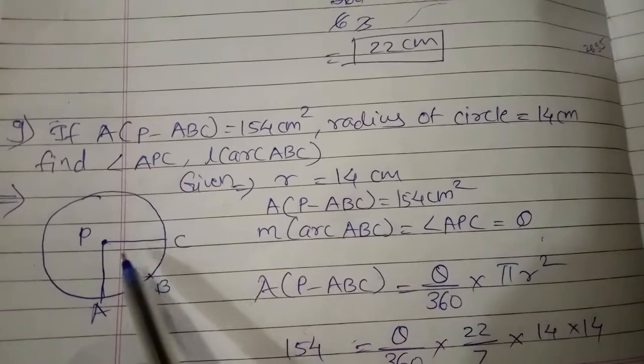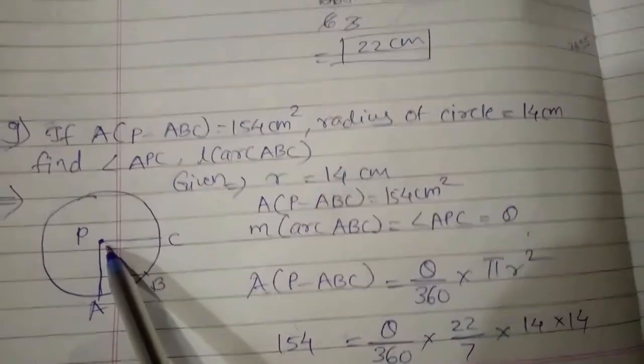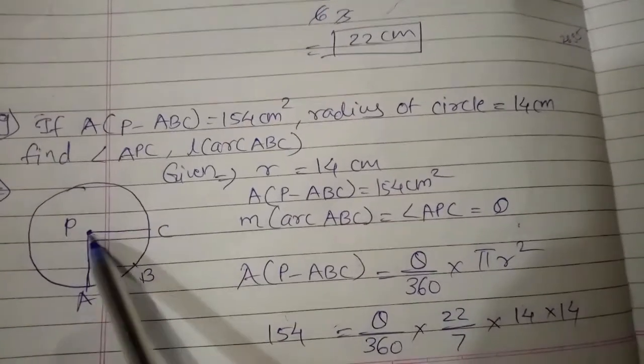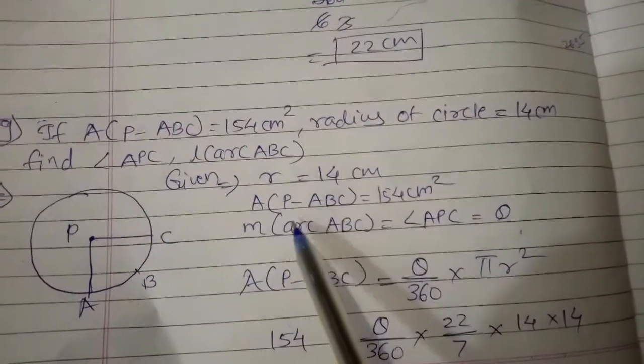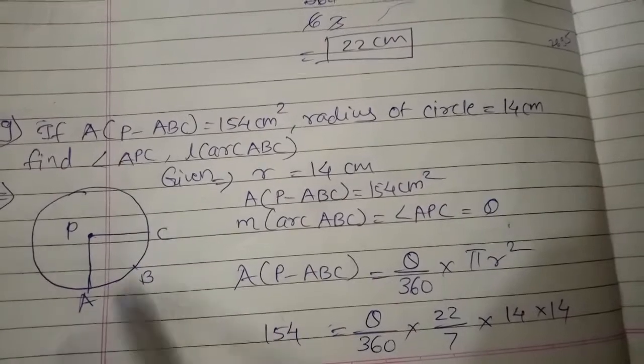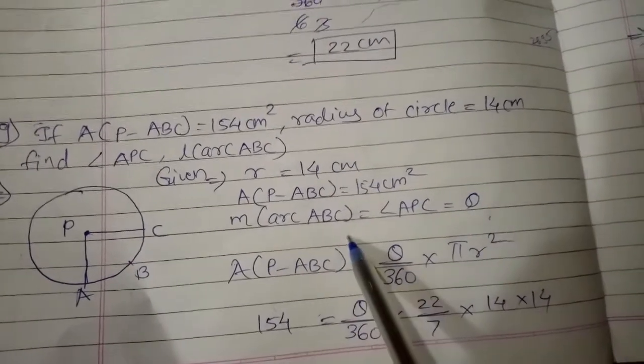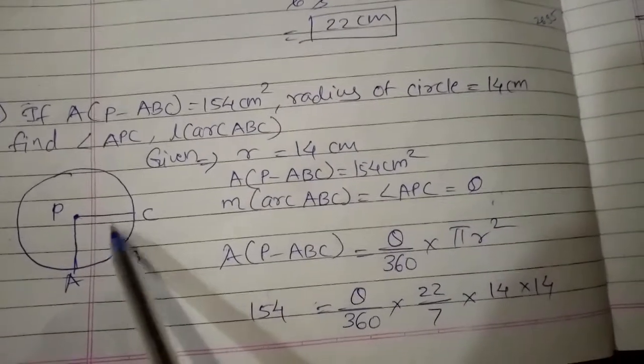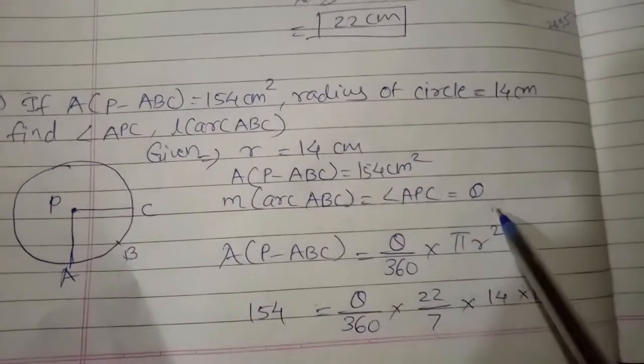Then we have to find the angle APC, as well as the length of the arc ABC. So the radius is 14 centimeter, the area of the sector is 154, and the angle is theta.